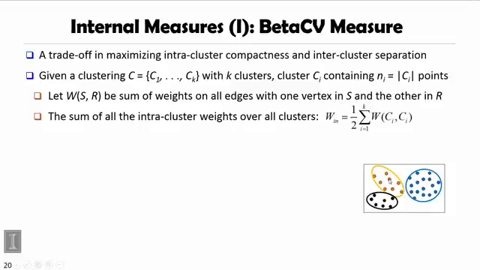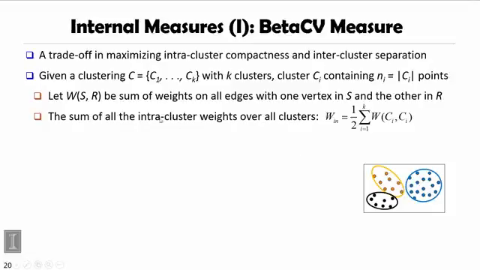You say this point is in this cluster, the other point is in the other cluster. You want to look at their weight. The weight usually can be defined like a Euclidean distance or whatever you are using for clustering.